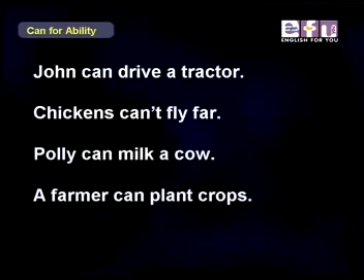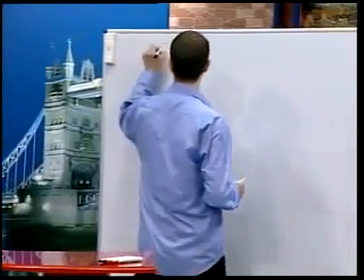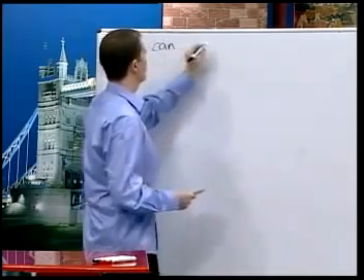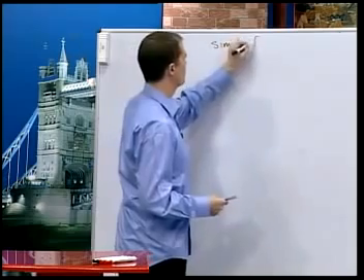A farmer can plant crops. Can expresses ability. You are able to do something because of a special skill. The simple form of the verb follows can. We have can, and then we have simple form.